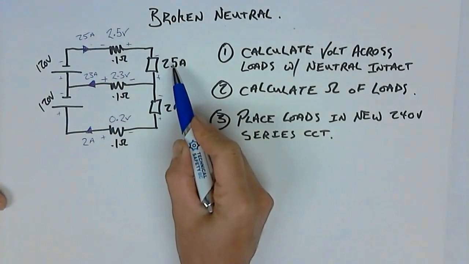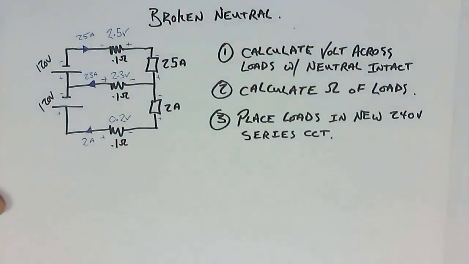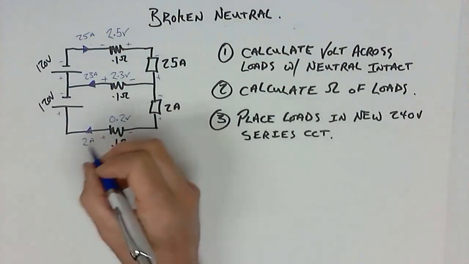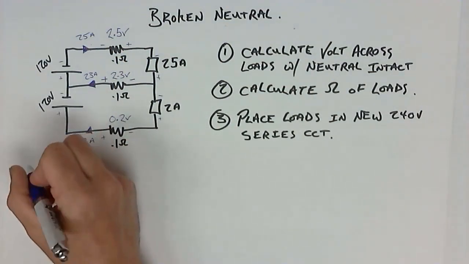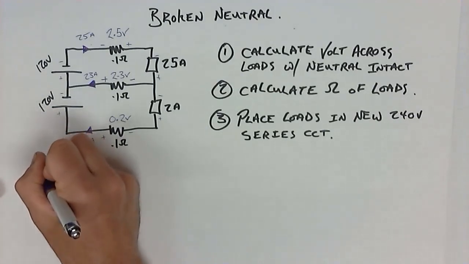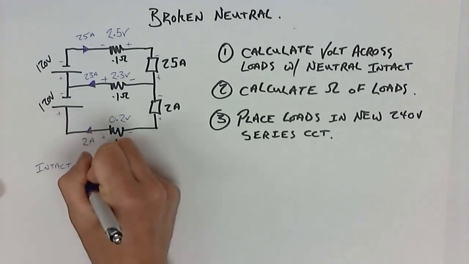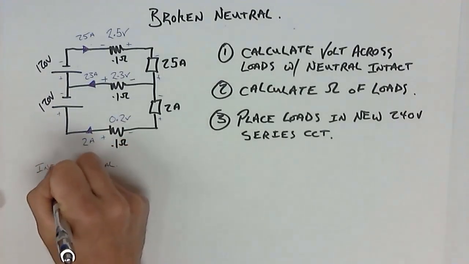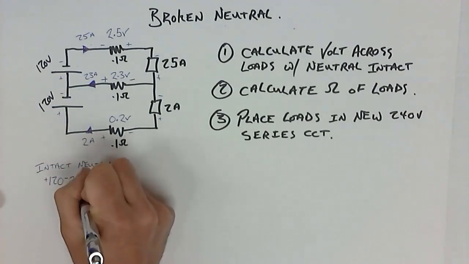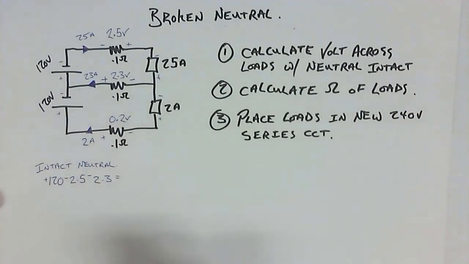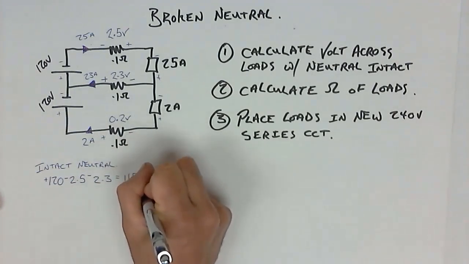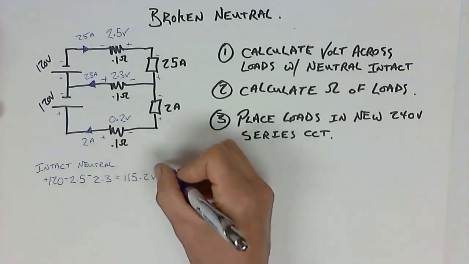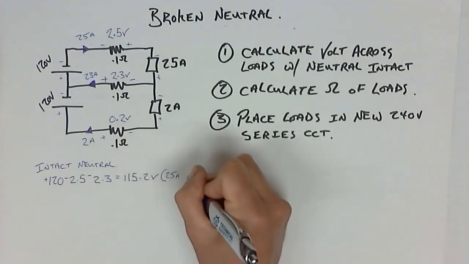So with intact neutral, I have plus 120 minus 2.5 minus 2.3. So 120 minus 2.5 minus 2.3 equals 115.2 volts. That's for my 25 amp load.